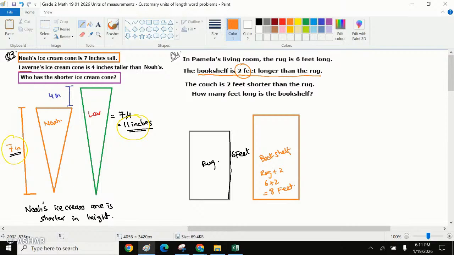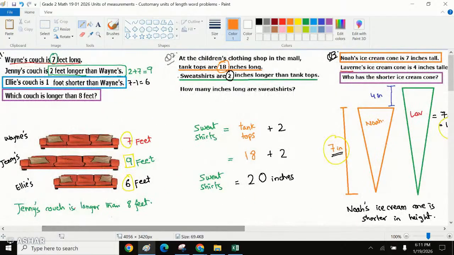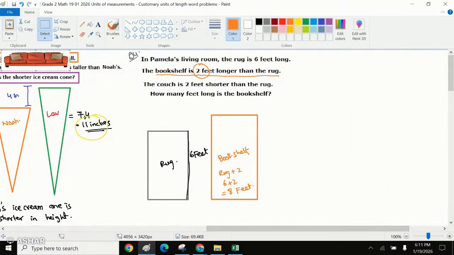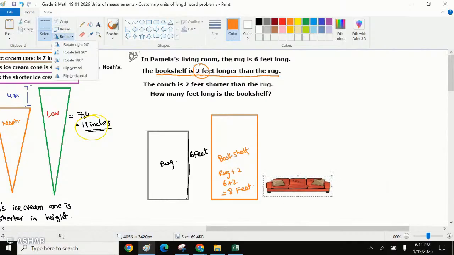Then they say the couch is 2 feet shorter than the rug. Right. I'll just pick up a couch from here. We already used a couch. Okay. And they're saying that the couch is 2 feet shorter than the rug.